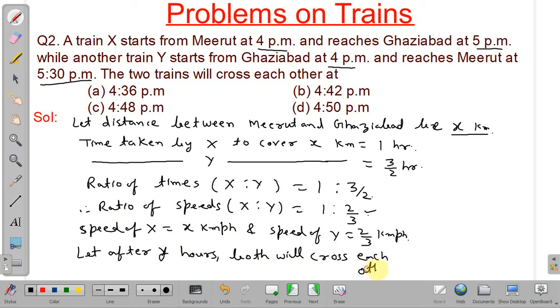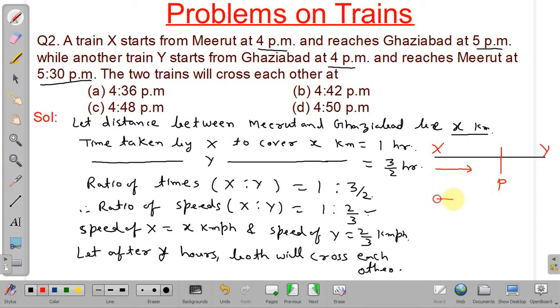Okay. Now we will try to understand this situation with the help of a figure. Suppose these are two stations. Suppose here it is Meerut. So X is starting from Meerut and Y is starting from Ghaziabad. Okay. So X will travel in this direction. Suppose they cross each other at point P. Okay.